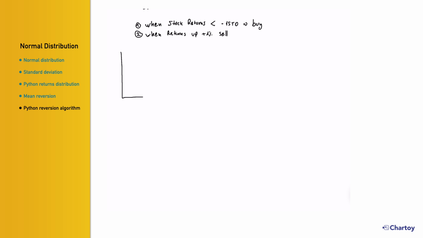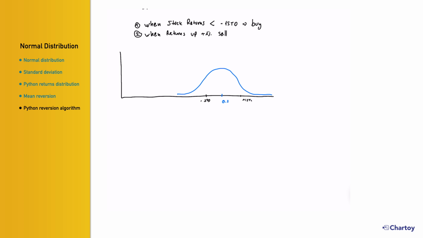So what's the problem with this type of algorithm? To describe it simply, the problem is that we assume that the world is static, which means that the average wouldn't change that much and the standard deviation will not change that much. Look at this bell curve here. We have some low returns, but we assume that these returns will go back to normal and we buy. But what if we have another day of negative returns, the day after? It could happen. What if we have yet another day of negative returns?